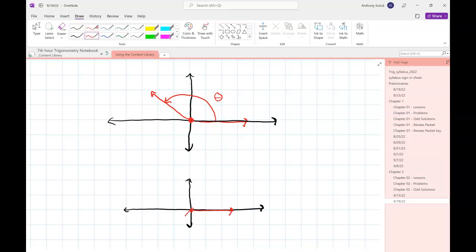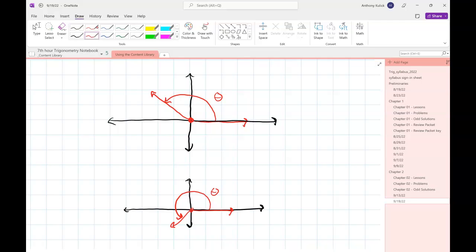Well, here's the difference. What if I draw this angle? As a standard position angle, we've defined this as the angle measure. What do you notice about this angle? It's bigger than 180 degrees. Whoa. Okay.